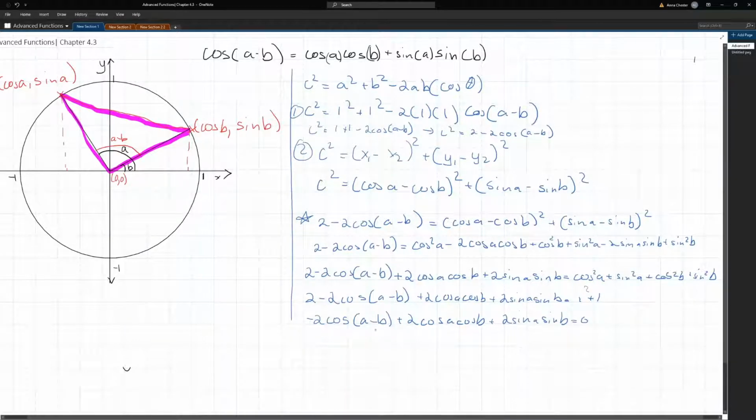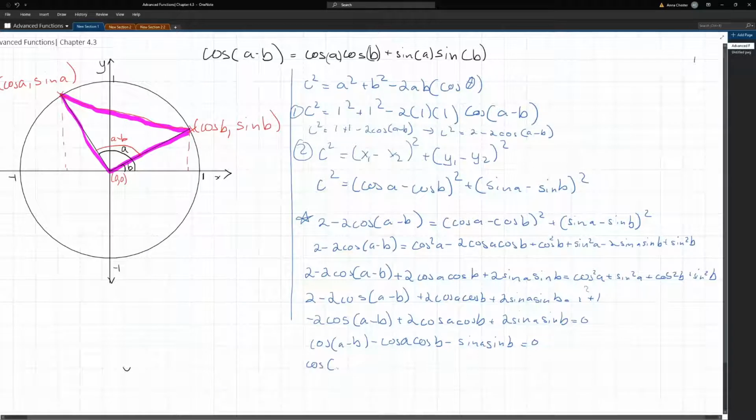Now I divide everything by 2, or you could do negative 2 for example, so we get cos(A minus B) minus cos A cos B minus sine A sine B is equal to 0.